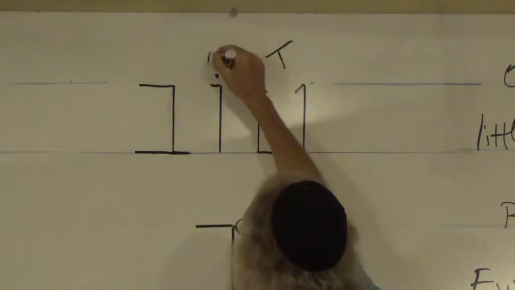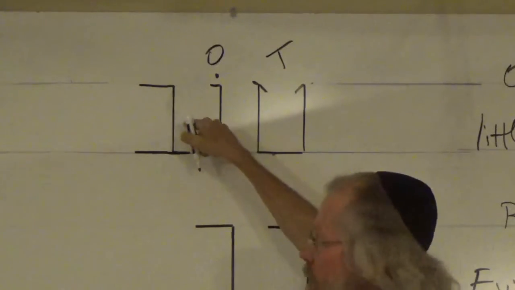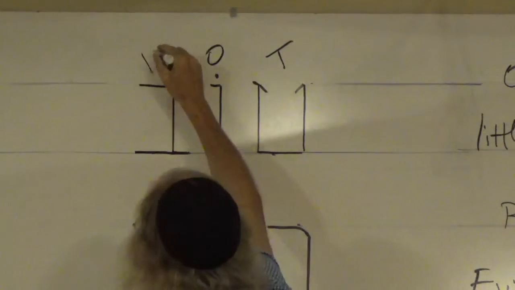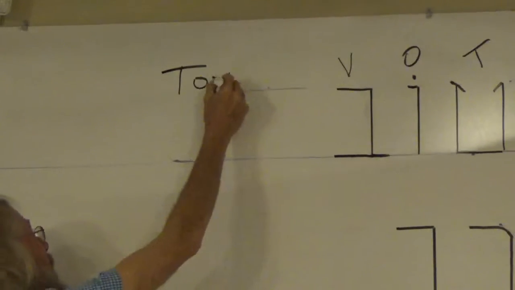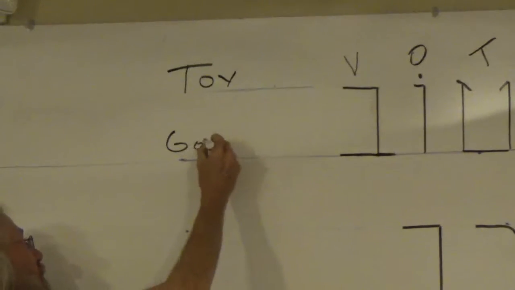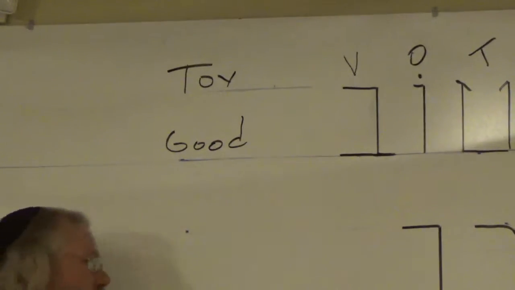Right. Base, but with a B. And Tov means good. Tov. But I would say to Charity, because she's a female, I would say what? Tova. Tova.